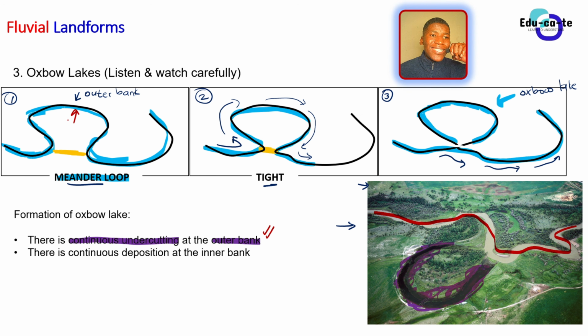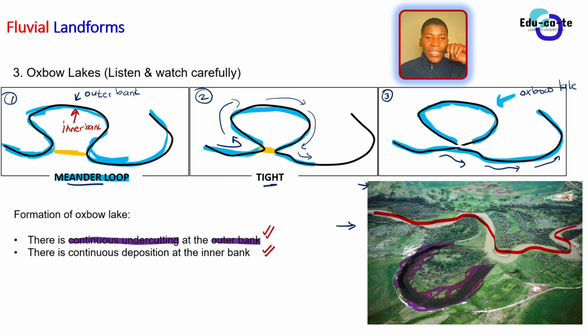So the slip-off slope is found in the inner bank. So at the inner bank, there will be a lot of deposition. It just means that the material that has been eroded at the outer bank is now being deposited in the inner bank of the meander loop. So there is continuous deposition in the inner bank.